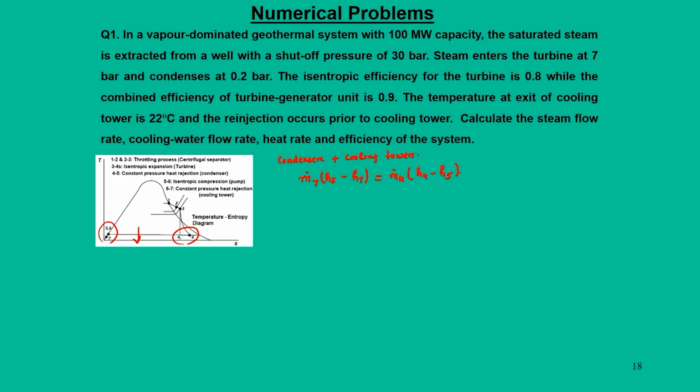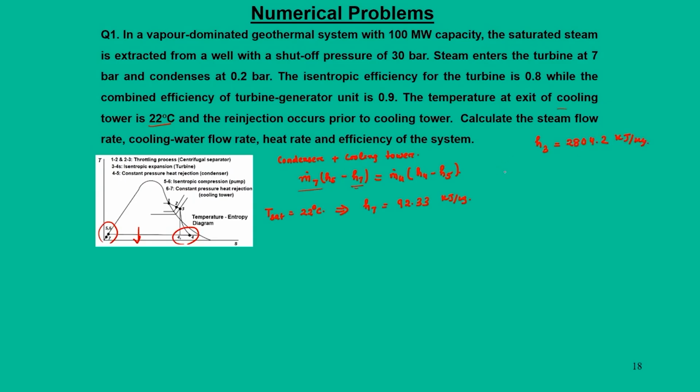We know that the cooling tower exit condition is 22 degree centigrade, so condition 7 has to be found out from this data. At saturated temperature of 22 degree centigrade, steam table data will imply h7 is equal to 92.33 kilojoule per kg, and we also know already h3 is 2804.2 kilojoule per kg.